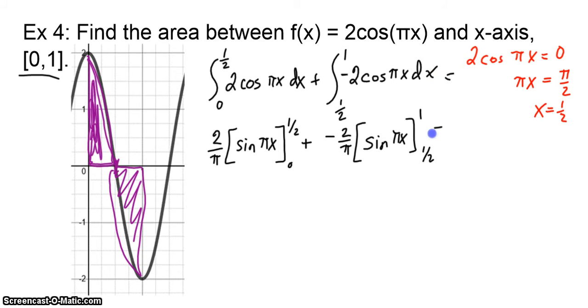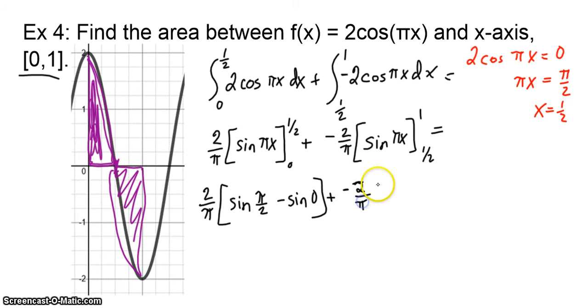So, fundamental theorem of calculus, 2 times the antiderivative, now upper limit. Actually, we'll just do that. And then sine of pi times 1/2 minus sine of pi times 0, plus a negative sine of 1 times pi minus sine of pi times 1/2.